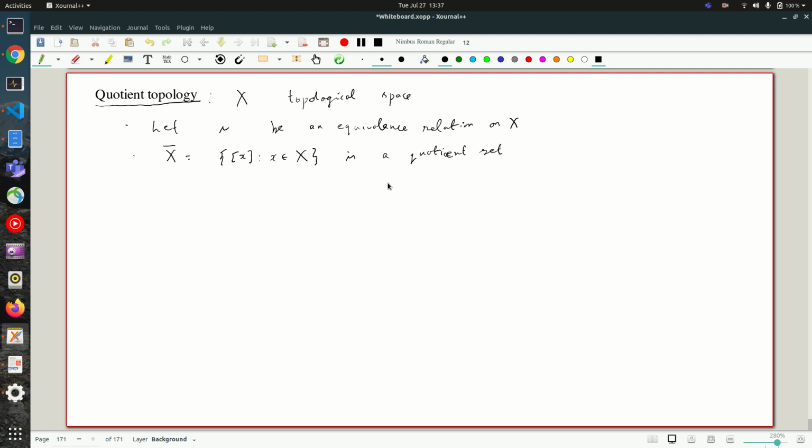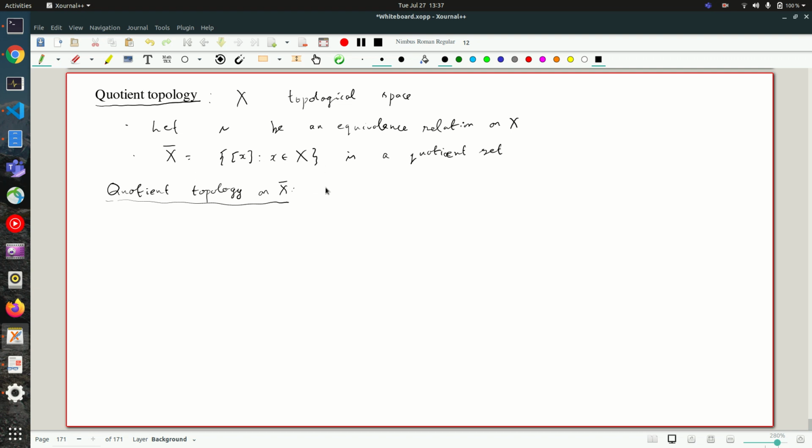And what we want to do is make this a topological space. Okay, so the quotient topology on X bar. This time, instead of defining what it is, as is more often done, and then showing its properties, let's try to do it the other way for a change.